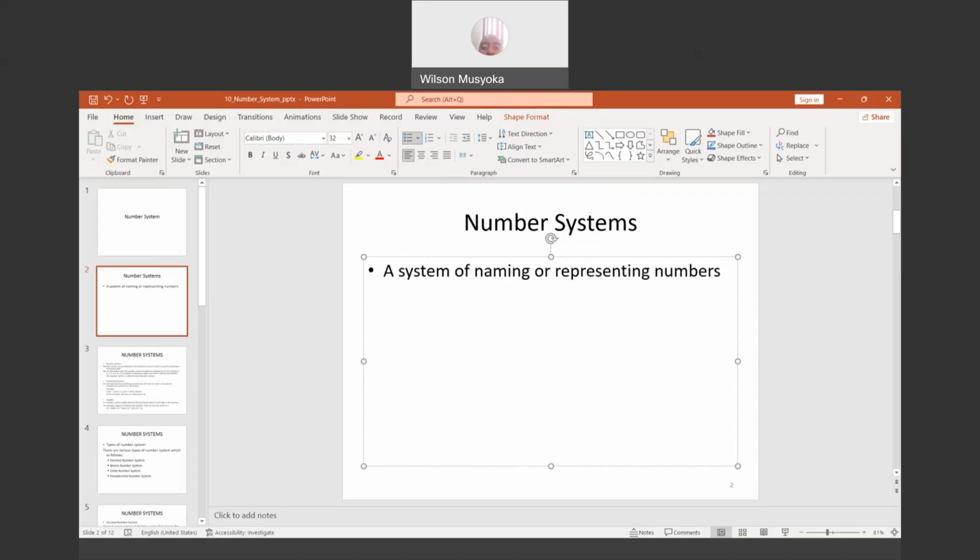That is what it is. And when we talk of a number, it is a mathematical value that helps to count or measure objects.